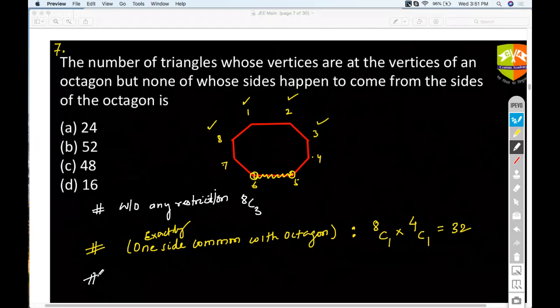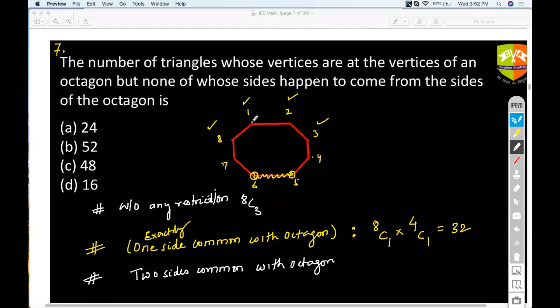Now, what are the total number of triangles which have 2 sides? Let me not use the word exactly over here. It's just 2 sides. In that case, you have to choose 2 continuous locations.